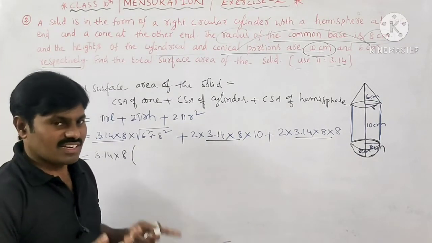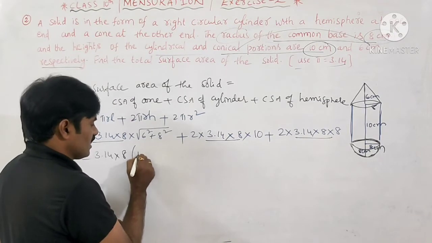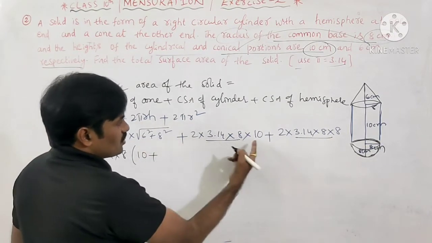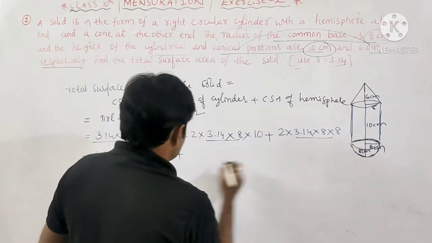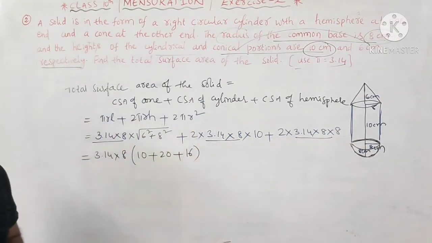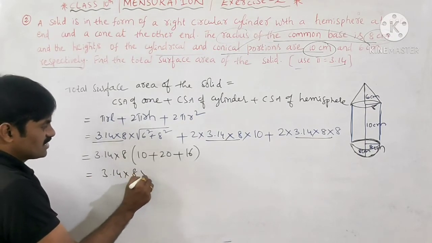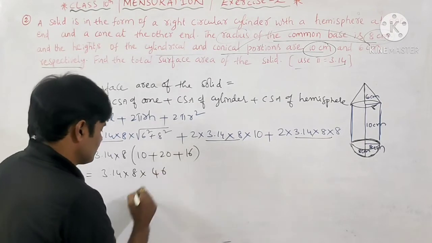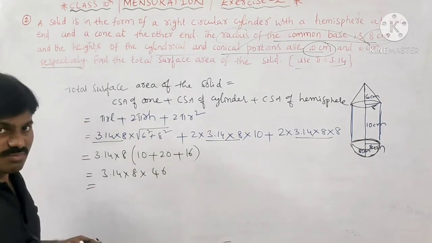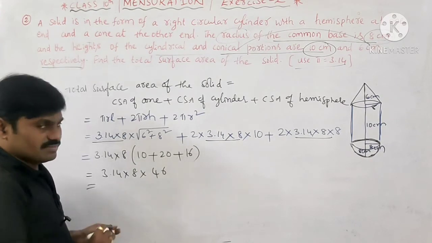We clearly know that 36 plus 64 is 100. The square root of 100 is 10. 10 plus 2 into 10, 20, plus 2 into 8, 16. Clear? Now 3.14 into 8 into 10 plus 20, 30. 30 plus 16, 46. Now if we simplify, we get the answer.